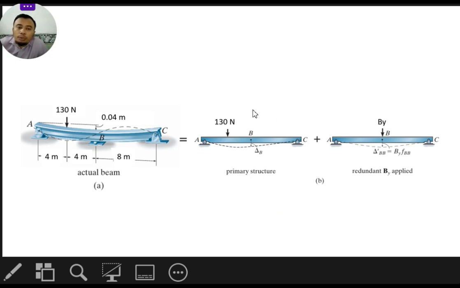So in this example, we use downward positive. So we assume that 0.04 is the resultant displacement due to this force 130 Newton, delta B, plus delta prime BB, which is due to the By.